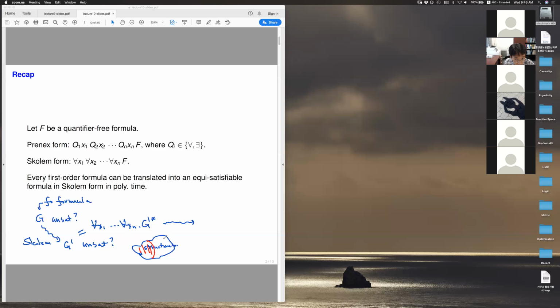So we are not checking everything, which is what we would have to do according to the definition of unsatisfiability. But the Herbrand theorem allows us to save some energy. We can just focus on this subset. Checking unsatisfiability of this subset implies unsatisfiability for the entire set. Going from here to here is what the Herbrand theorem allows us to do.